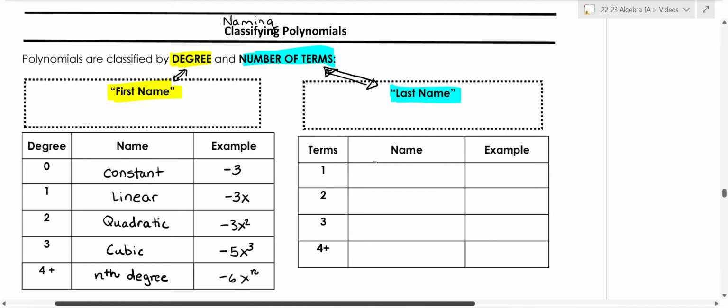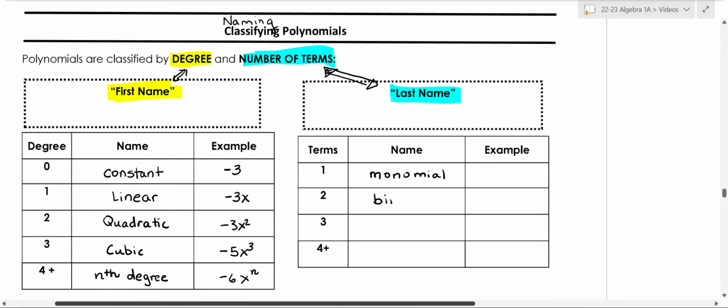All right, the last name, which family they come from, that's determined by the terms. So if the quadratic only has 1 term, then they come from the monomial family line. Monomial, mono meaning 1, okay? If your polynomial has 2 terms, then it comes from the binomial family.